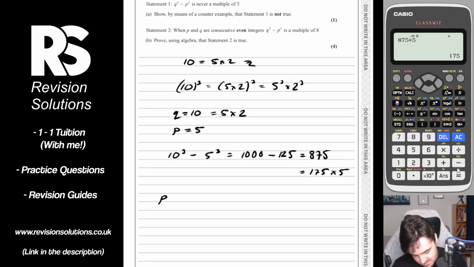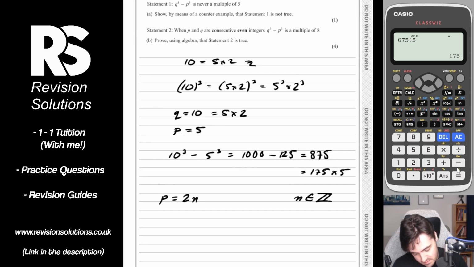If I say p is 2n, where n is some integer, then the next consecutive even integer is always 2 along, so q would then be 2n plus 2.